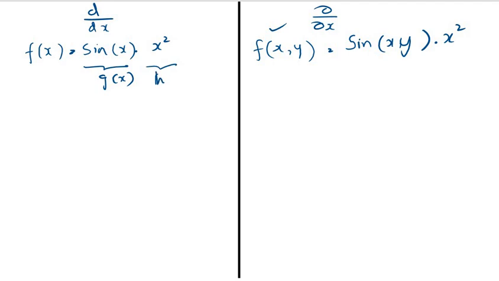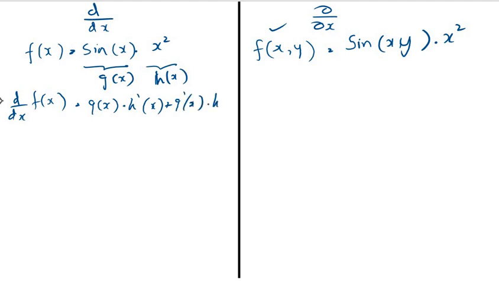Now here we see this is like a g(x), a function of x, multiplied by another function of x called h(x). So we know when there's a product of two functions, the derivative would be: we first write the first function as it is, g(x), then multiply it by the derivative of the second function and add it to the derivative of the first function multiplied by the second function.